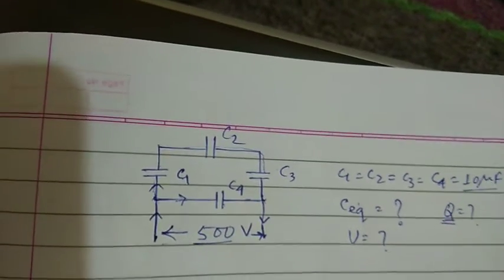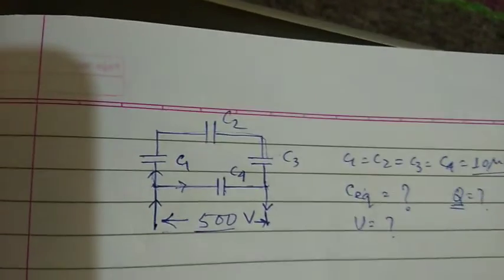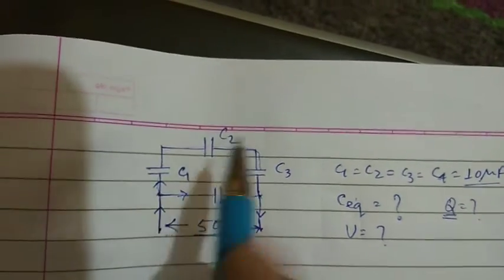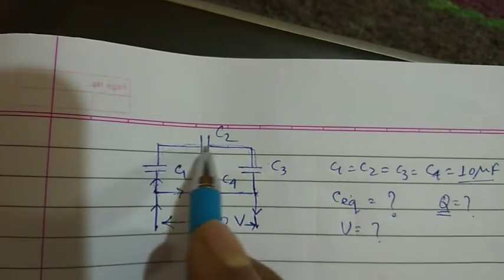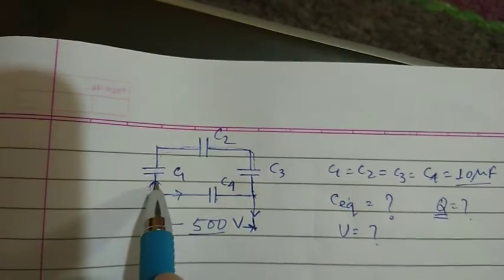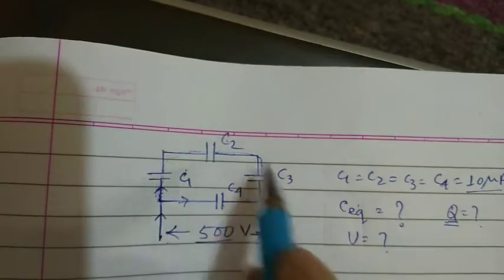Though in steady state there is no current, just assume it like that. If there was any current, it would have the same value through these capacitors, because the current has no other place to go. So C1, C2, C3 are in series.